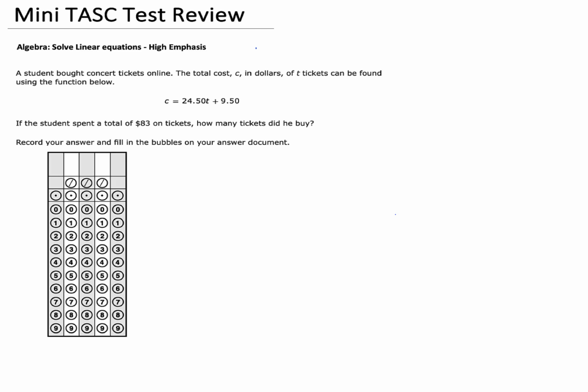So to help you and give you a selection of problems, I'm doing these mini task test reviews where I'm going to be focusing on 5 questions, which are medium and high emphasis from the 5 areas of the task test, which is number and quantity, statistics and probability, functions, algebra, and geometry, to help you reach your goal of getting that 500 on the TAS exam.